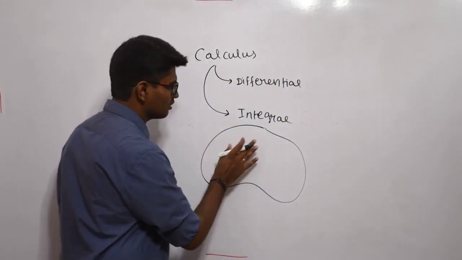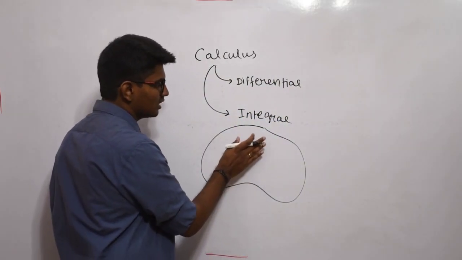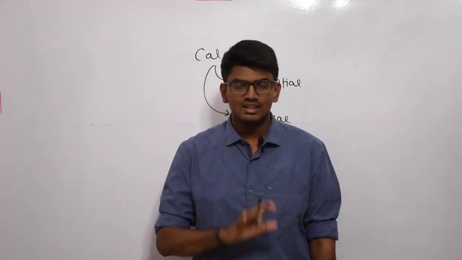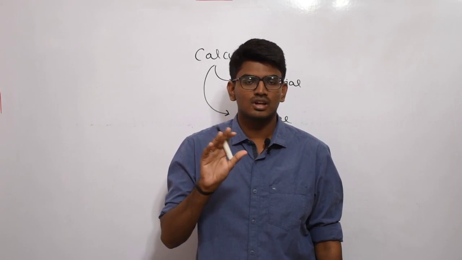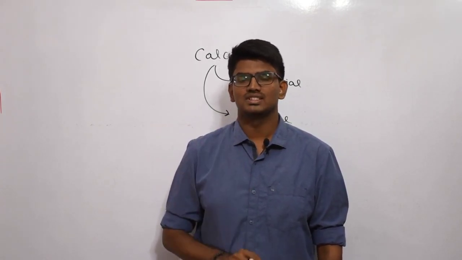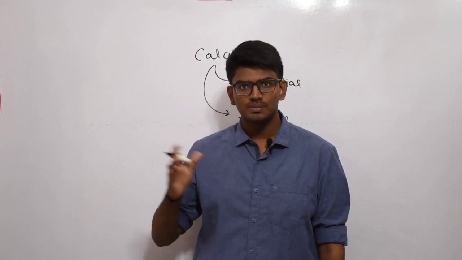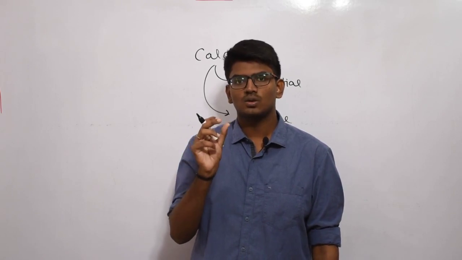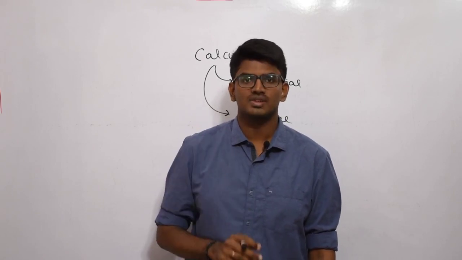So whatever may be your desired area or desired structure, instead of understanding it completely, instead of going through it completely, you will understand only small pieces. You will divide it into small pieces, and you will understand the change, what all the changes are that happen in those small pieces.